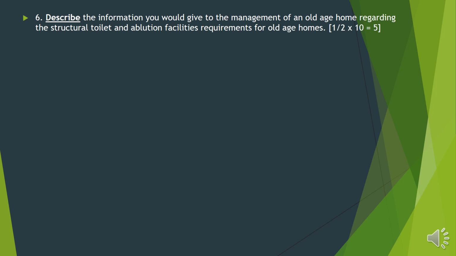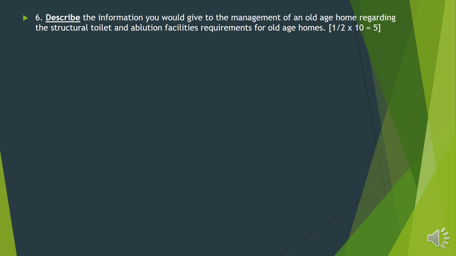It might differ when it comes to the structural facility, because an old age home will not have the same structural facility as a beauty salon or a childcare creche. So you just must differentiate. In an old age home they look out for this, in a beauty salon they look out for this, in a creche they look out for this.